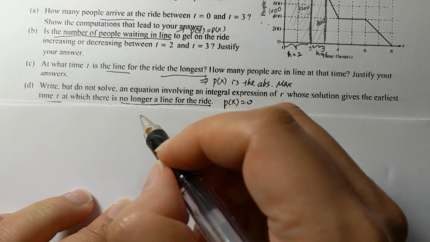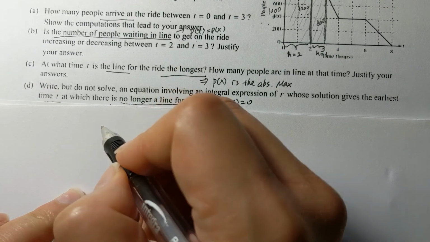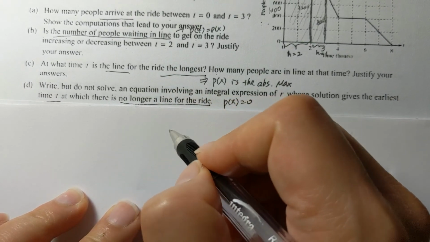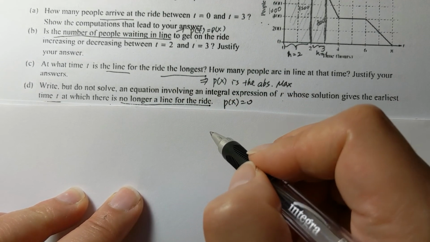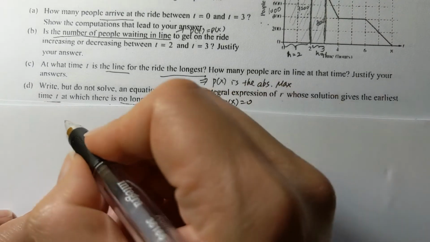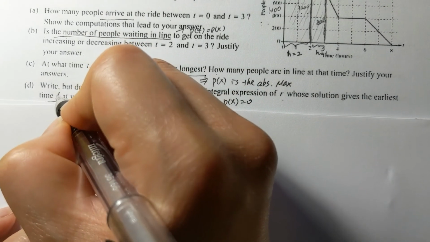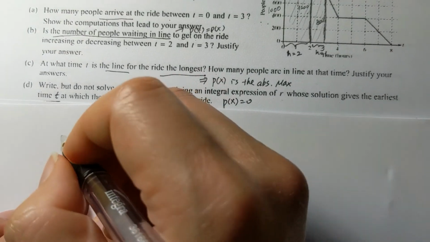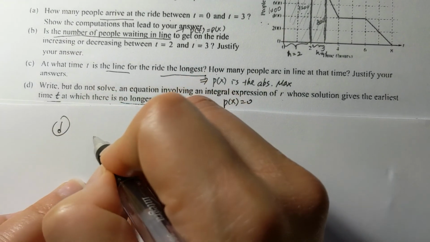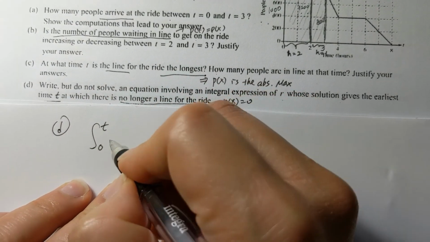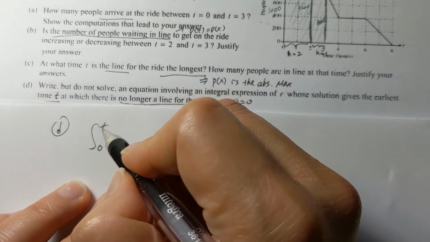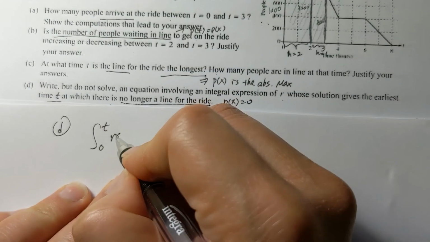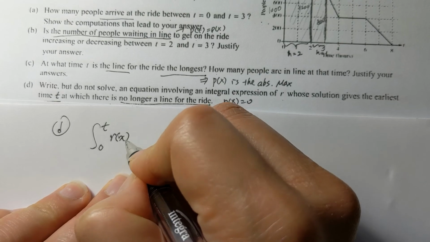So that means the number that goes in minus the number of people that goes out, and plus 700, you get 0. And we have to use the time t. So 0 to t and R. Since I already used t over here, I have to use another letter. So let's use x.